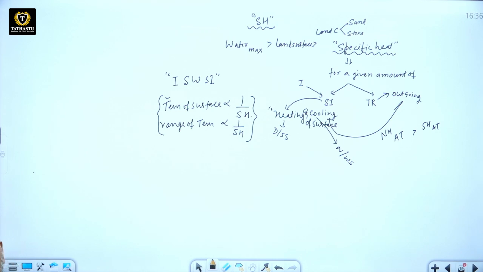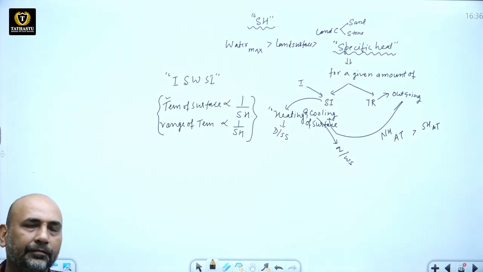Greater the distance of a place from the coast, more is the variation in temperature.